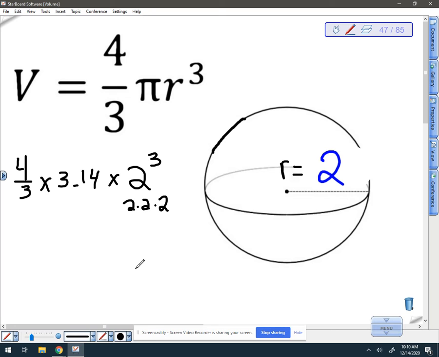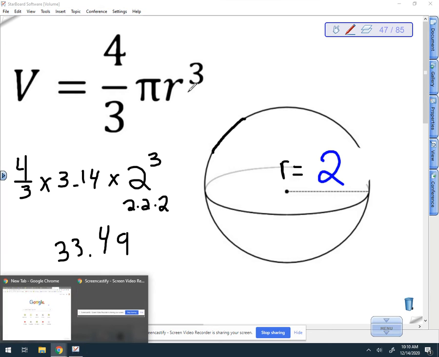All right, so we got 4 divided by 3 times 3.14 times 2 raised to the third power, and that gives us 33.49.